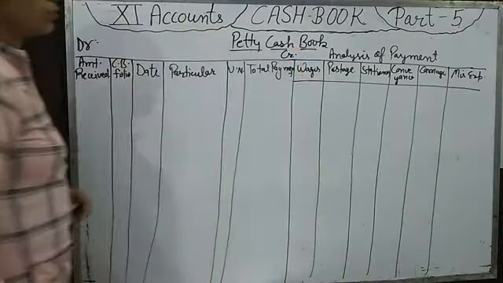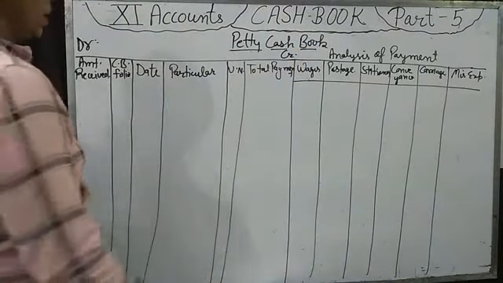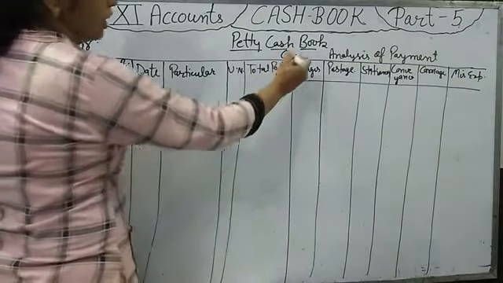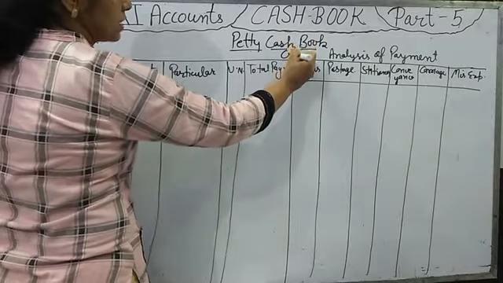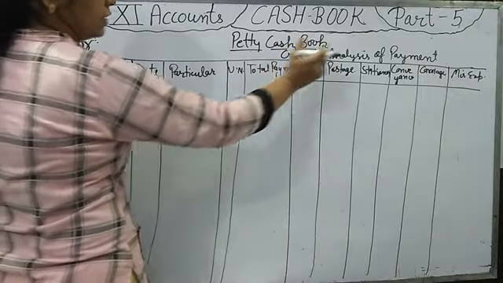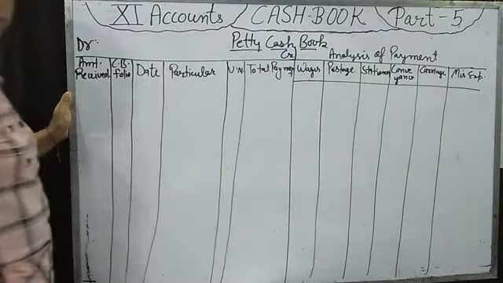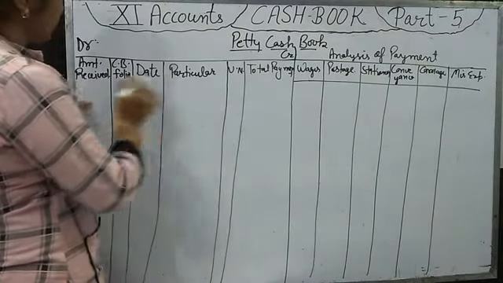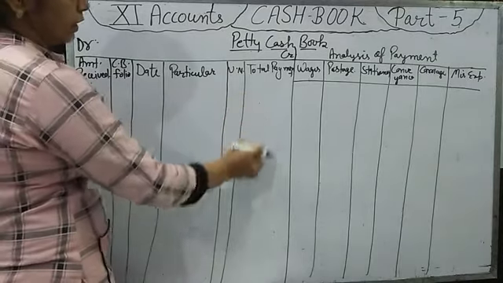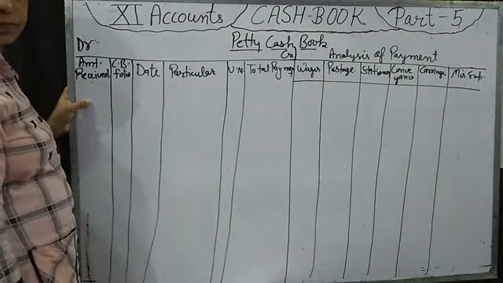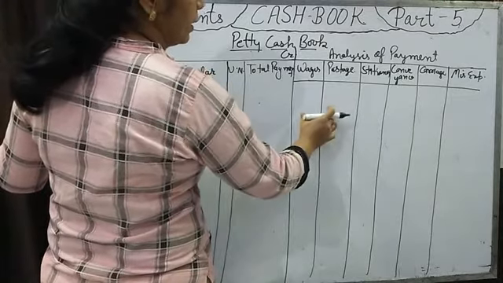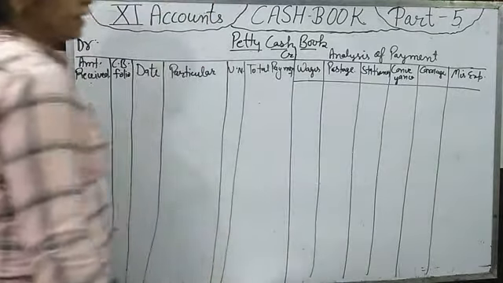In the petty cash book, first of all you will write the heading. There are two parts of the petty cash book. This is one half part, and this is the other half part. In the first half part, the record of receipts and payments is made, and in the second part, the total payments, under which category they fall, are recorded.